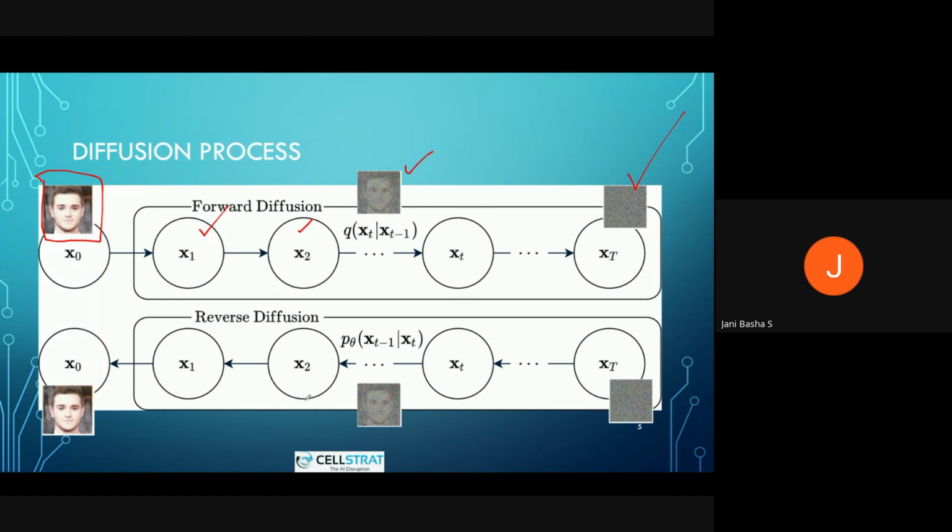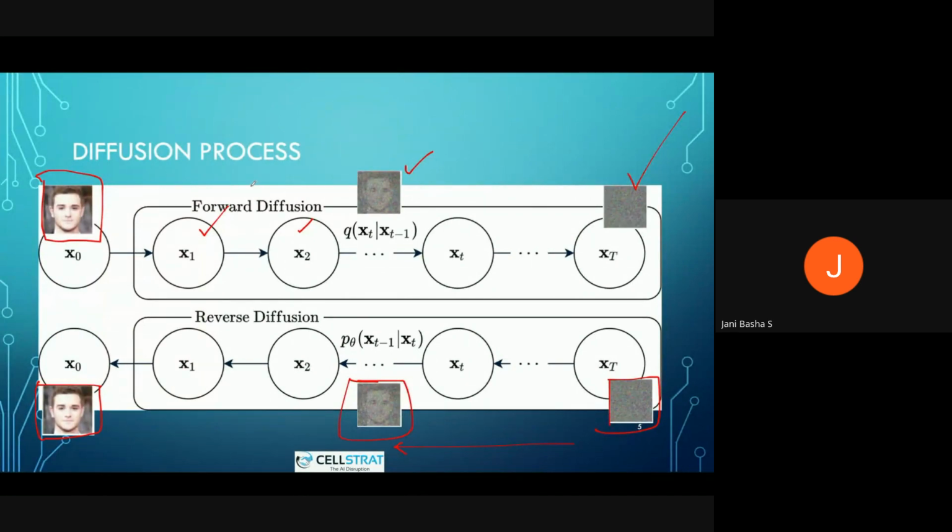That restoring process we call the reverse diffusion process. From here we started from random noise, and then iteratively we are removing the noise. Now we have a little bit of a human kind of image, and finally we got to the original image. So reverse diffusion starts from this side.